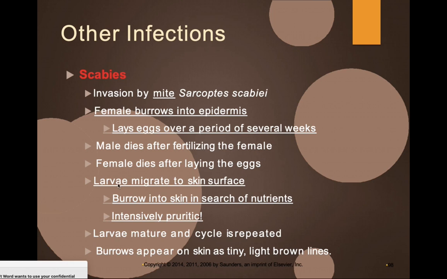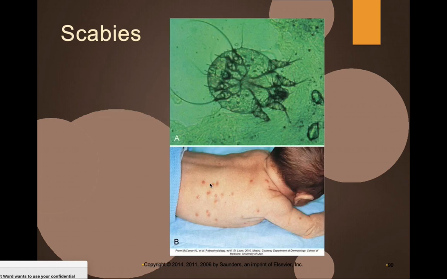And then the larvae migrate to the skin surface, burrowing into the skin, searching for nutrients. And this becomes very intensely itchy or pruritic. The larvae mature, and this entire cycle repeats itself. So this is what the mite looks like. And this is what scabies looks like in babies or infants.